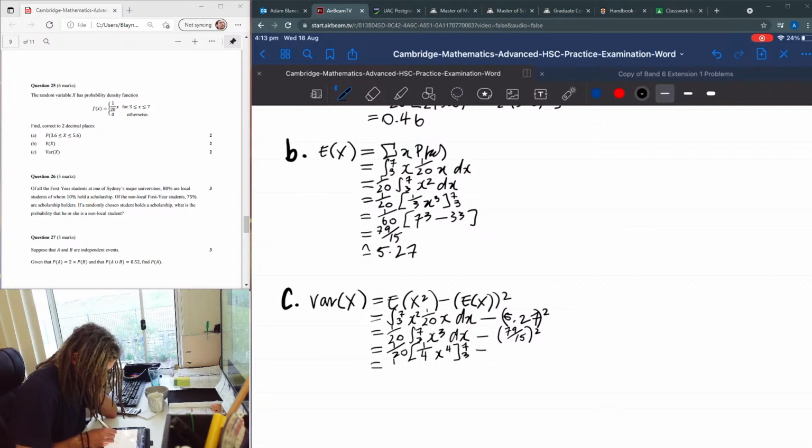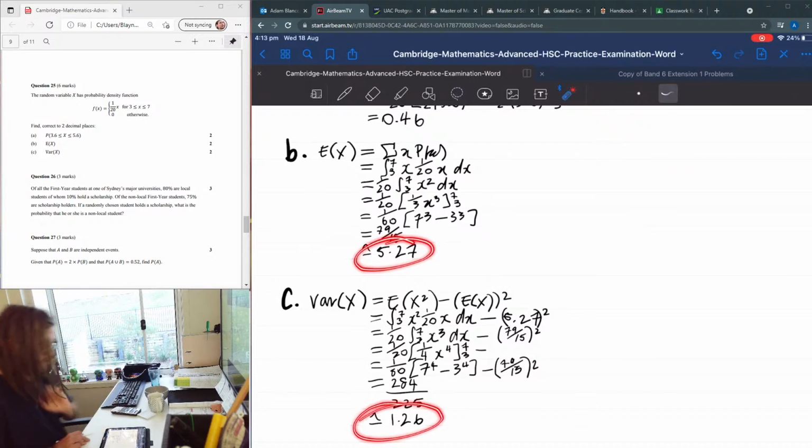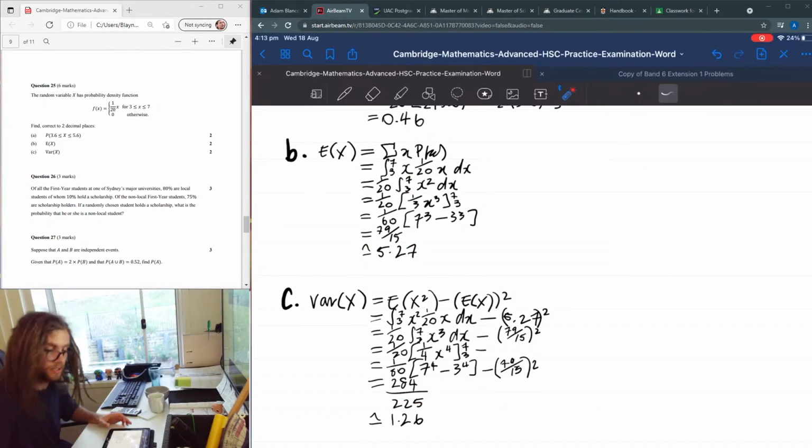Let's bring in a 1 on 8, that's going to be 7 to the power 4 minus 3 to the power 4, minus 79 on 15 squared. I type all that into the calculator, and I get 284 on 225, which is around about equal to 1.26. So I've got an expected value of this, and a variance of that. That kind of makes sense to me.